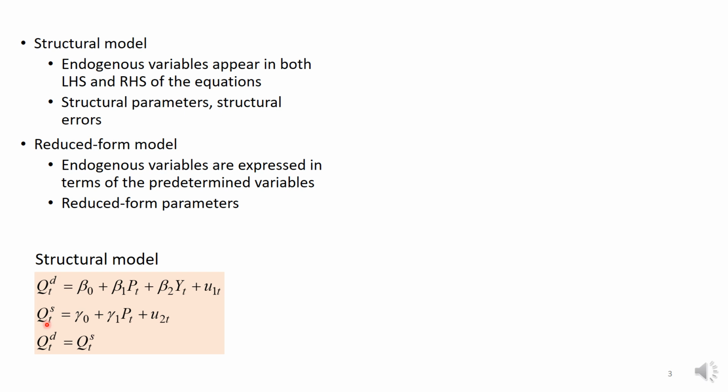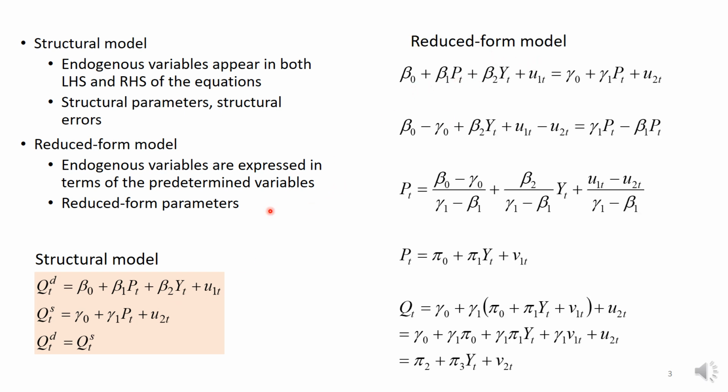This is just doing the math as what you have done before, just the algebra. Because QD is equal to QS, you take this equation and equate it with this. If this is equal to this, therefore this would be equal to this. So you write it this way, and then you can solve for P.